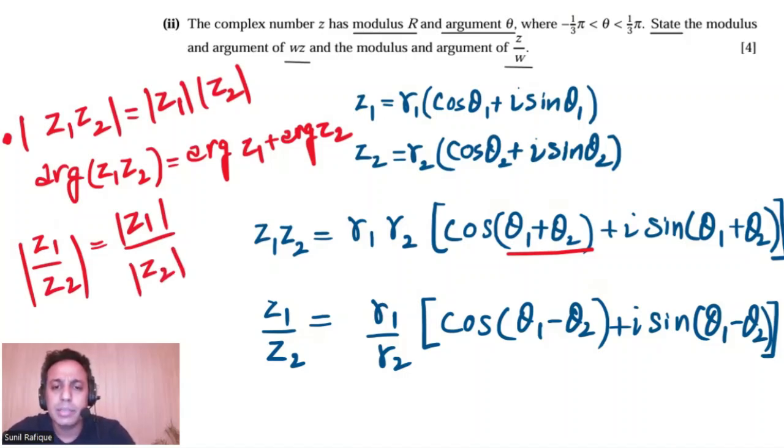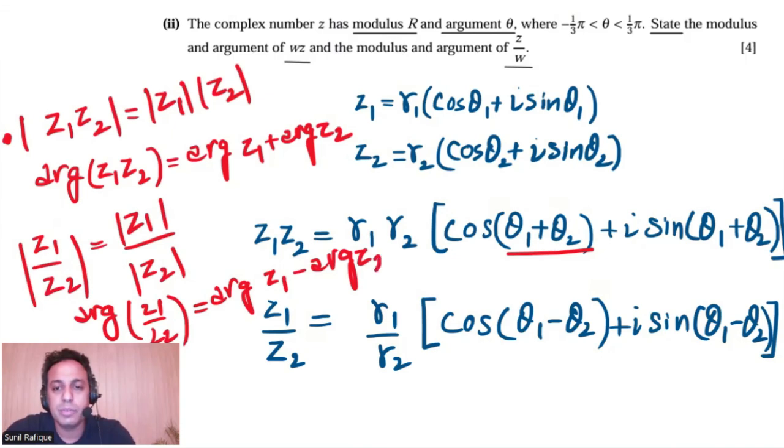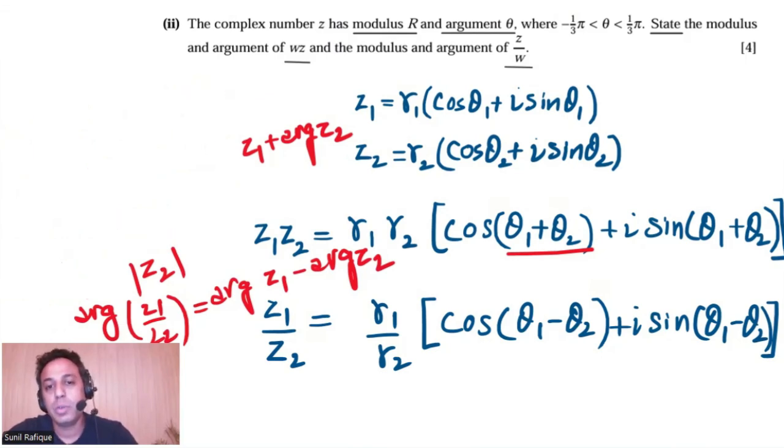And the argument of Z1 over Z2, like I used earlier, just rewind and look at the previous question, I used the same idea, is going to be the difference of the individual arguments of Z1 and Z2. So this is really important, guys, for you to know. So just make sure you copy it down and then I'll erase it and I'll go towards the question. Okay. So let's just erase it quickly.